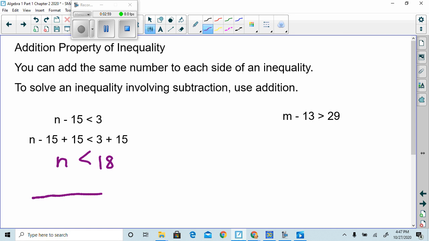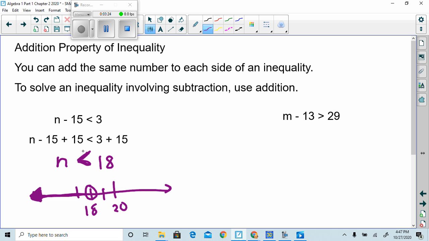If I had to graph this, I would find 18 on my number line. I would have an open circle, and I would shade everything in the less than direction. Remember, less than goes to the left. This arrow is pointing in the same direction as the inequality symbol.